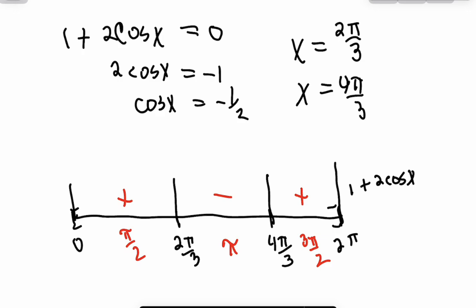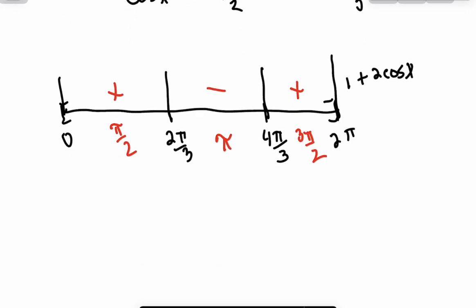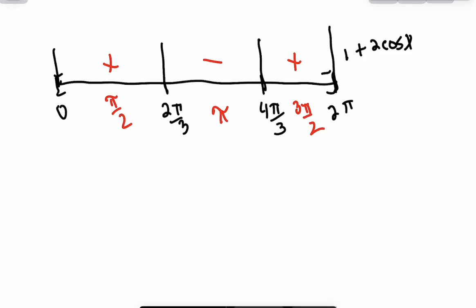So we've made a plus or minus chart. Let's highlight our chart nicely for ourselves. So it's negative in here, positive over here, 0 here and here.